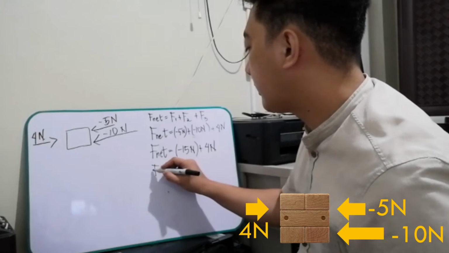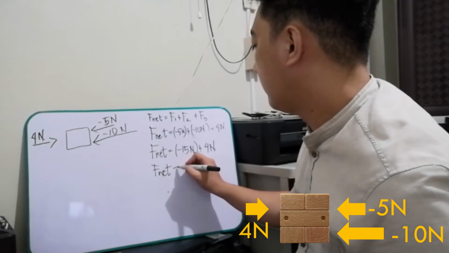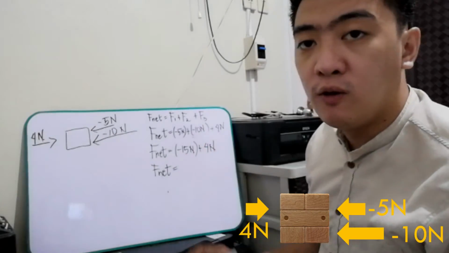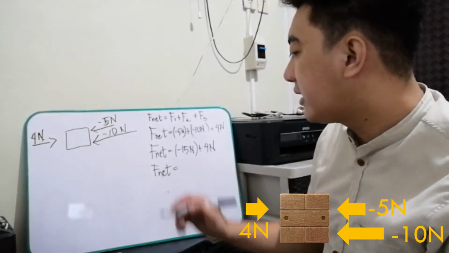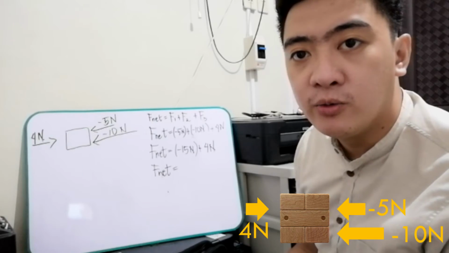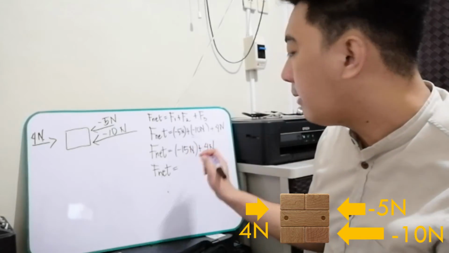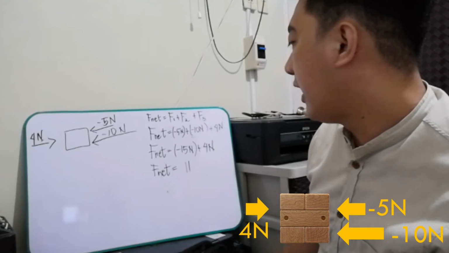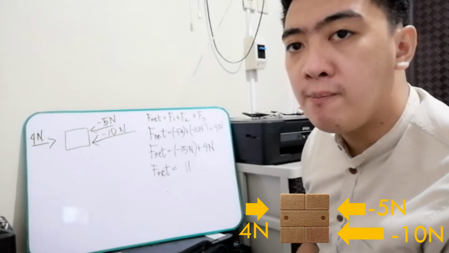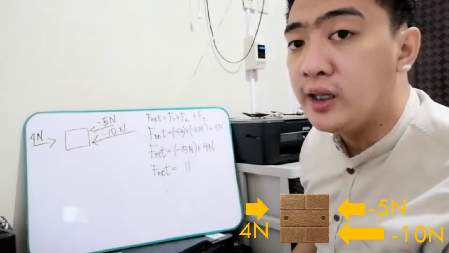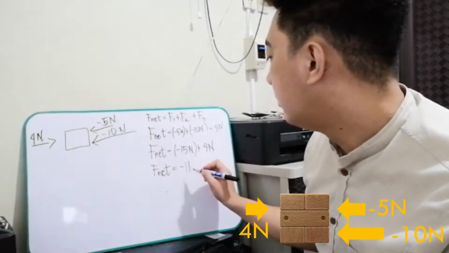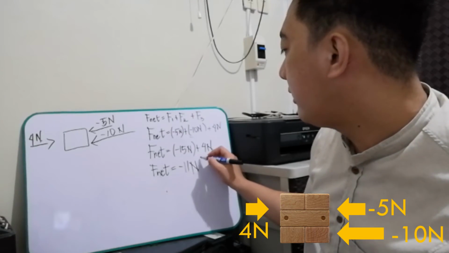So now, let us combine this negative 15 newtons force to 4 newtons. So as I've said, if they have unlike sign, we have to subtract. So 15 minus 4 is 11, and we must follow the sign of the bigger number, and which is 15. So we have to follow the sign of 15, which is negative. So the answer is negative 11 newtons.